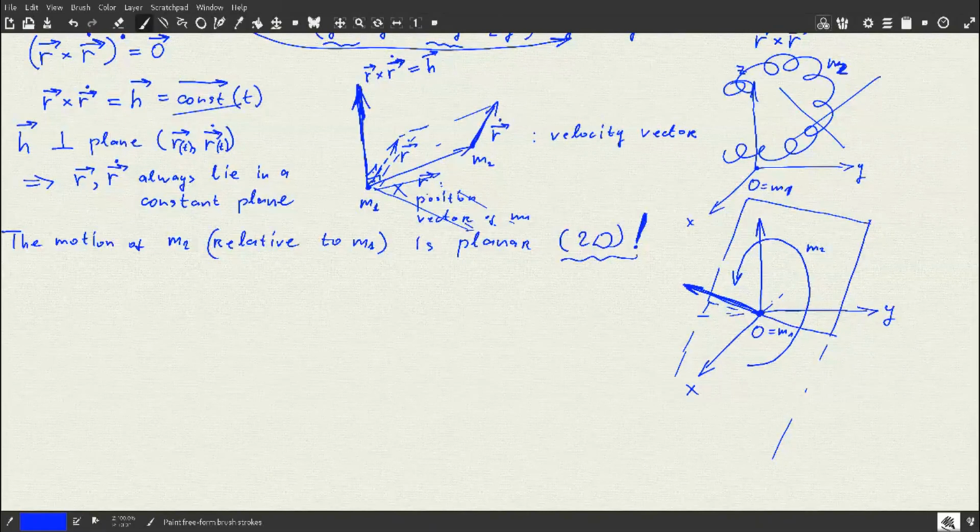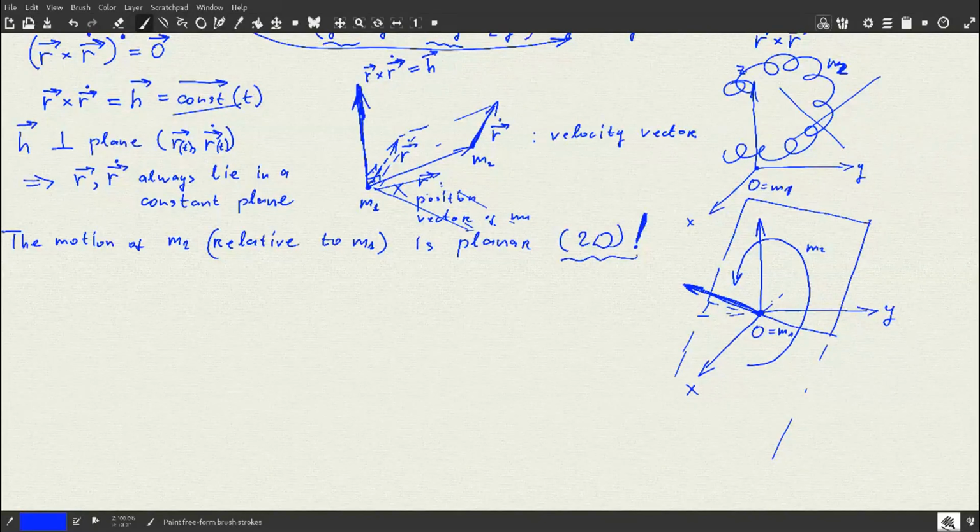So the orientation of this plane, although the magnitude of this vector may change, oh, by the way, it doesn't change either. R cross r dot is a constant in terms of not only orientation, but also magnitude. But what is important is that this instantaneous plane in which r and r dot lie at any time t doesn't depend on time.